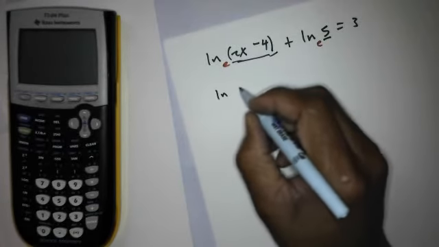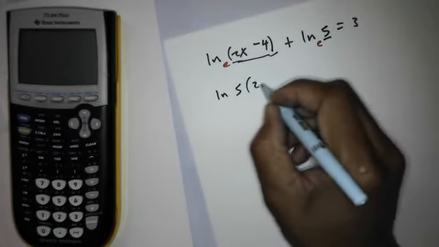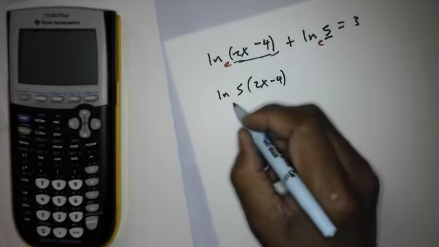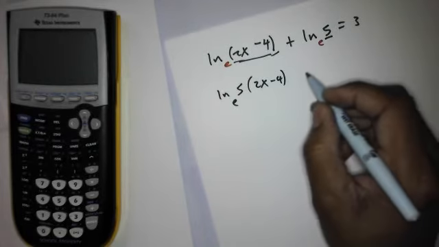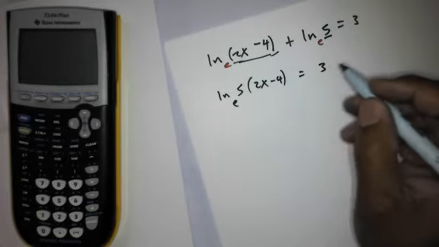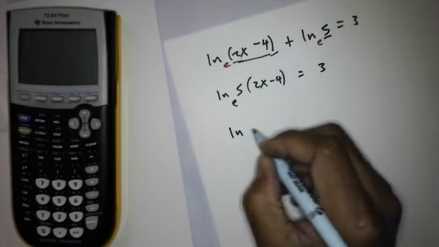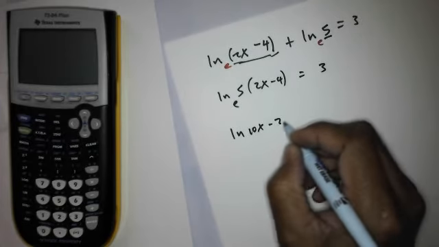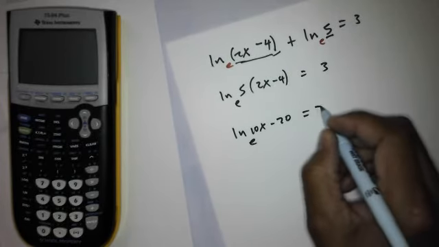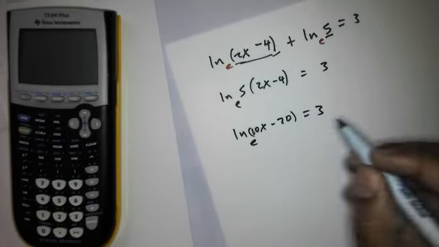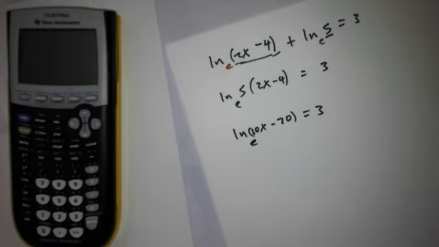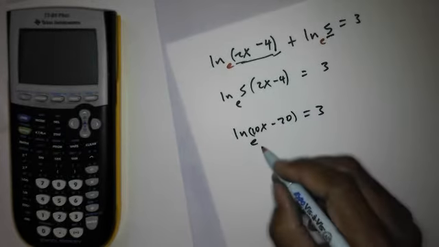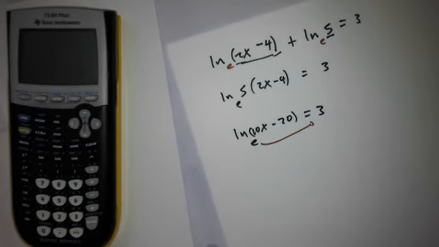So it is ln of 5 times 2x minus 4, keep the base, which is base e, and that equals 3. So this is ln of 5 times 2x, that is 10x, minus 5 times 4, that is 20, base e equals 3. Okay, again we're going to apply our exponent law, so it will be e raised to the 3 there.